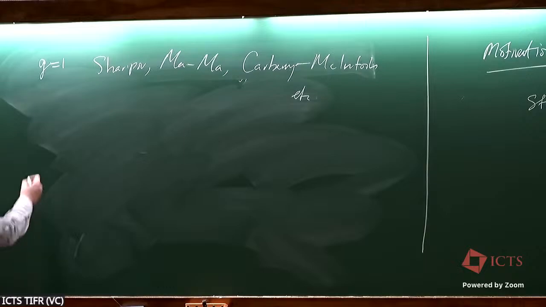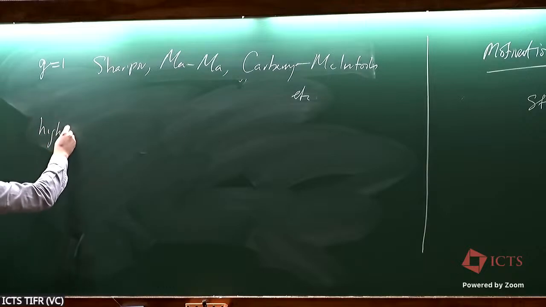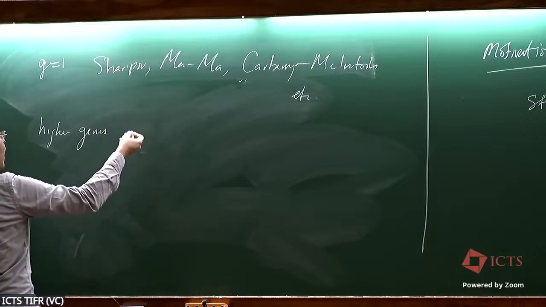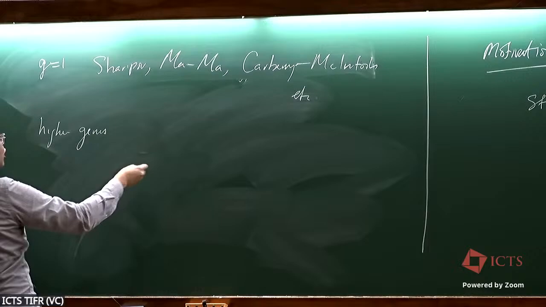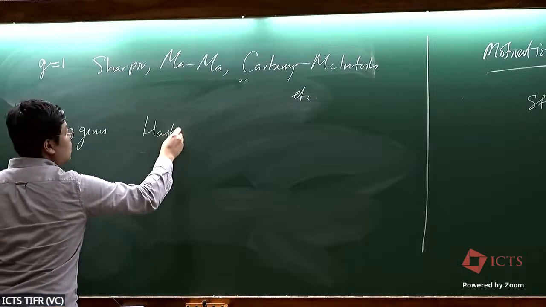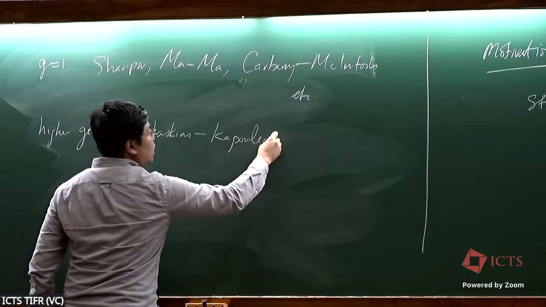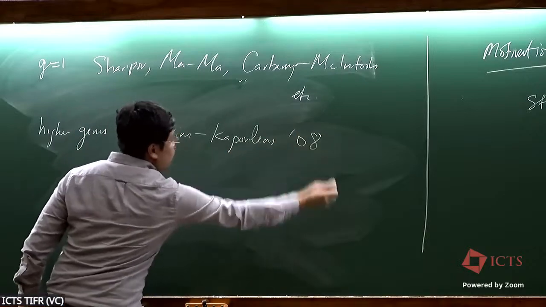In contrast, for higher genus, there are almost no known examples. There's exactly one paper in the closed case of higher genus, by Haskins and Kapouleas. Let me highlight the year, 2008, I believe this one was published.